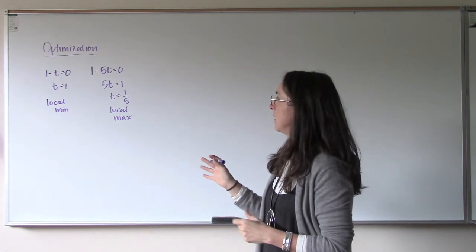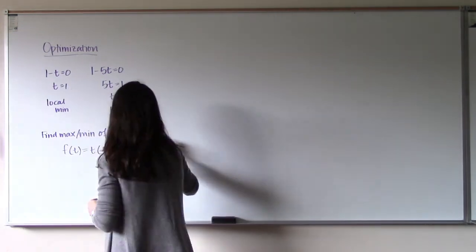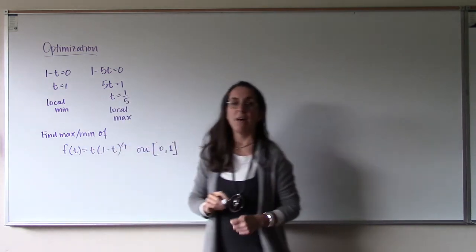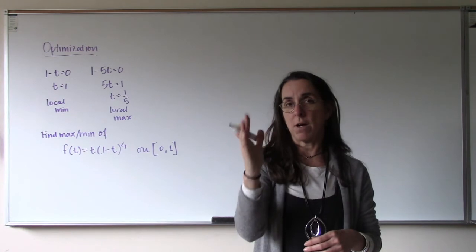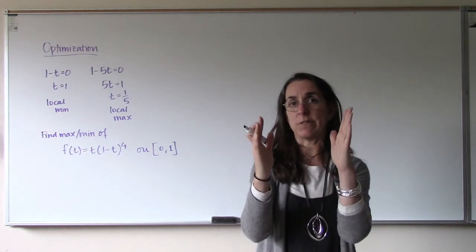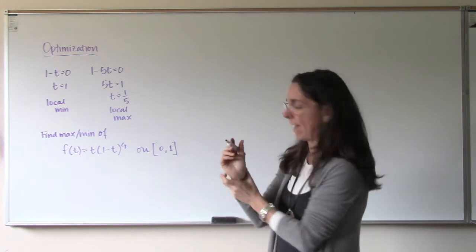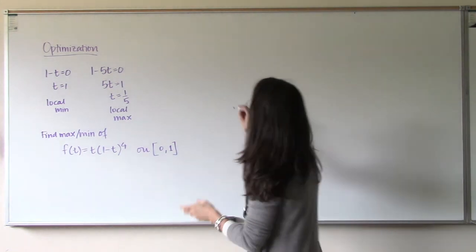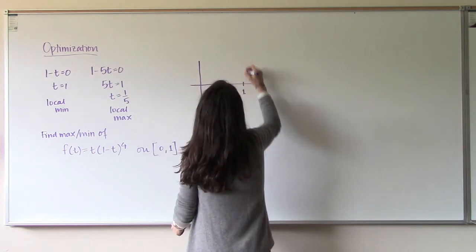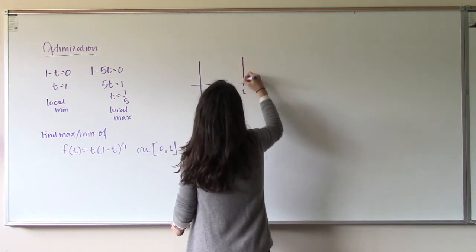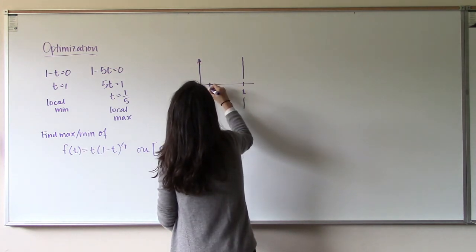So let's do this problem again. But now let's restrict the domain to just the part of the t-axis that goes from 0 to 1. Okay? So if we do that, the little piece of the graph that we get, so this is the y-axis, here's 1/5.